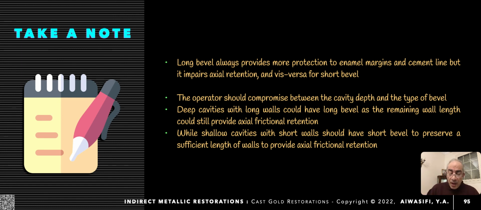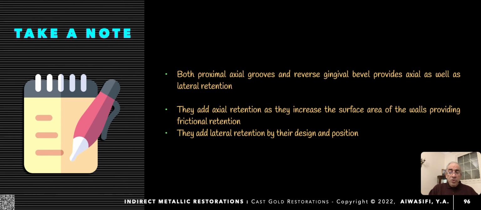Finally, proximal axial grooves and reverse gingival bevels provide both axial as well as lateral retention, in addition to stability. They are mainly designed to add lateral retention, but the reverse gingival bevel, as we discussed in the schematic diagrams, adds length to the axial wall, which provides more friction.